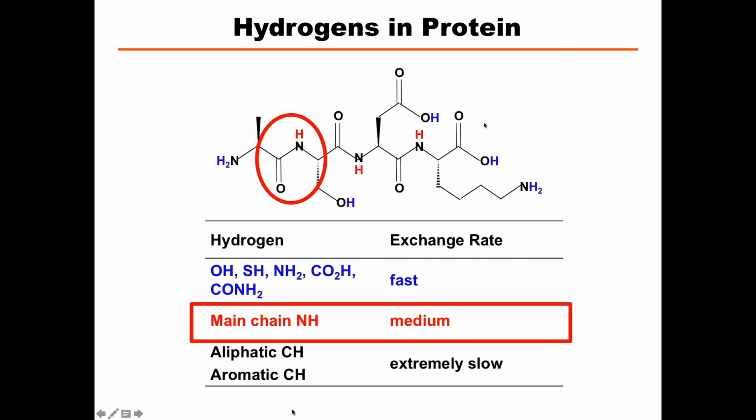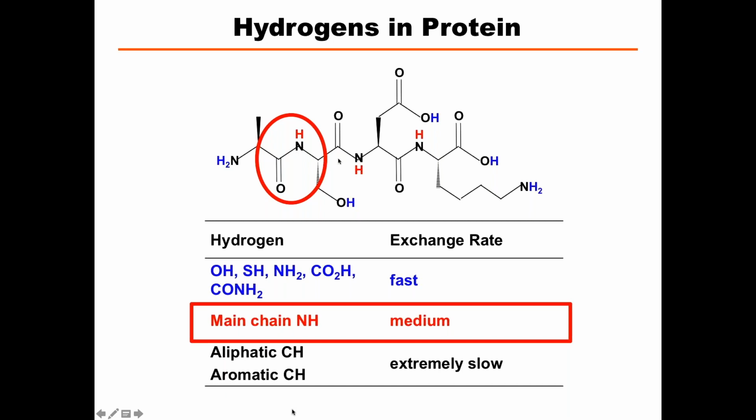Now, there are lots of hydrogens in proteins. They can be binned into exchange regimes, with the highly mobile acidic protons and the extremely slow to never exchangeable aliphatic or aromatic CH. What we're really going to be talking about exclusively here is main chain backbone amide hydrogen exchange.